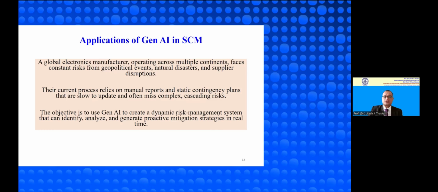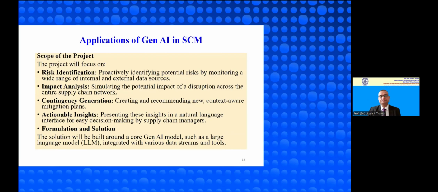It faces constant risk from geopolitical events, natural disasters, and supplier disruptions. The current process relies on manual reports and static contingency plans that are slow to update, and often it misses complex cascading risk. The objective is to use Gen AI to smoothen this function and create a dynamic risk management system that can identify, analyze, and generate proactive mitigation strategies in real time.